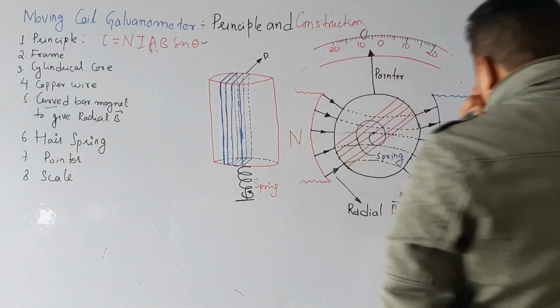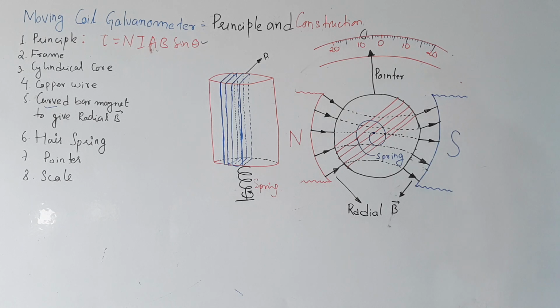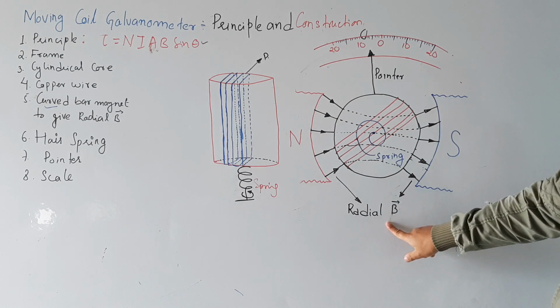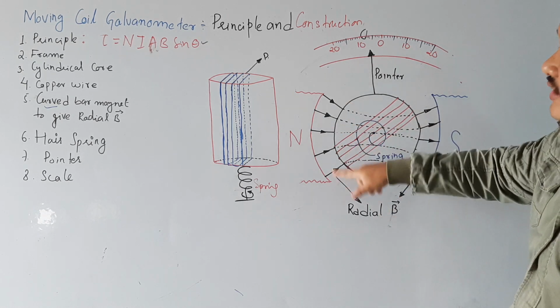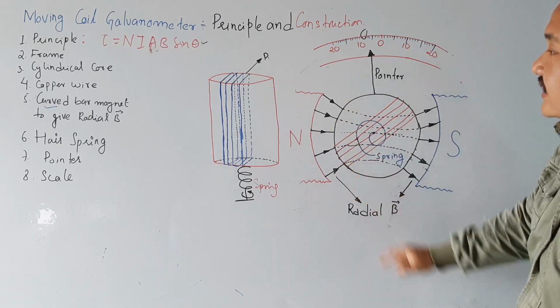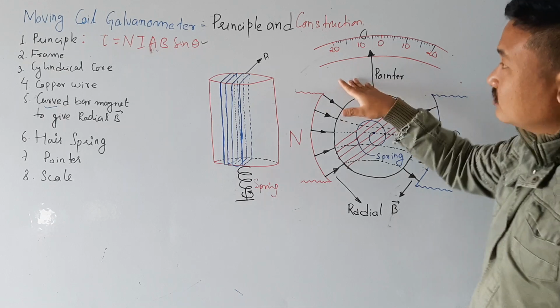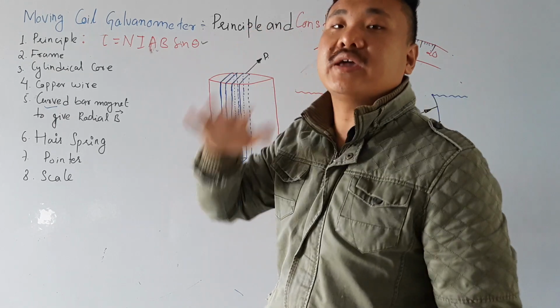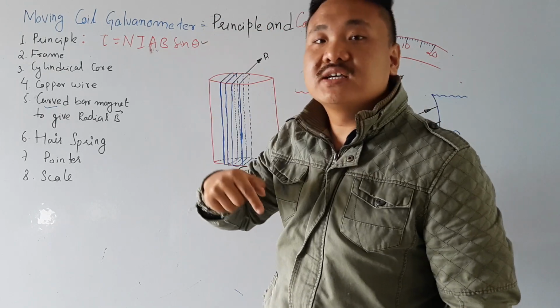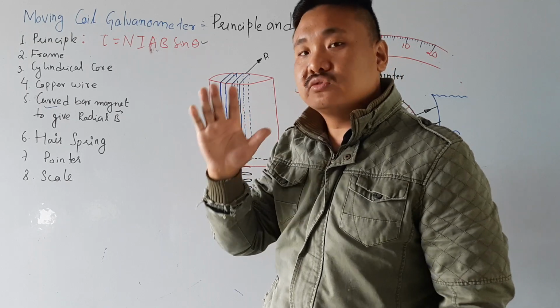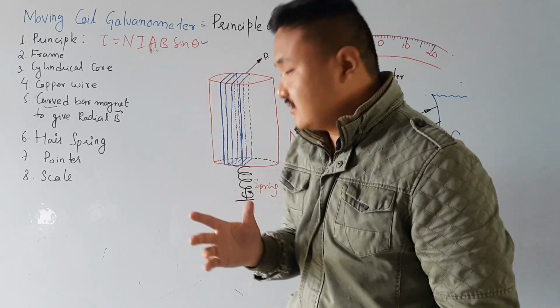Next is the radial magnetic field. Why is it very important that the magnetic field in this galvanometer should be radial? Not only in the moving coil galvanometer, also in the suspended coil galvanometer, the magnetic field should always be radial.